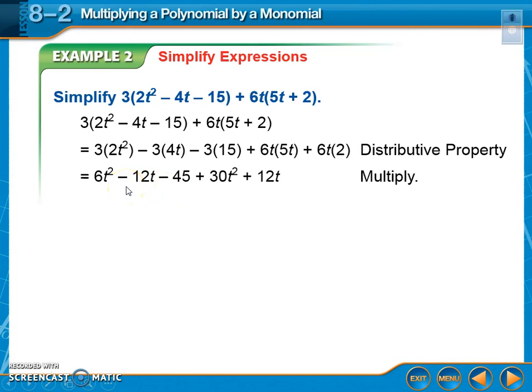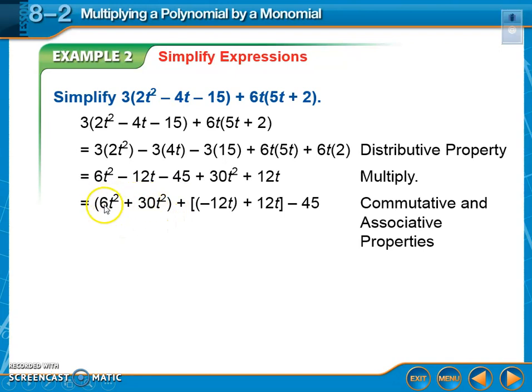What we are looking for now are the same variables, same exponents. So the 6t squared can go with the 30t squared. The negative 12t, and you're like, why is that? It's minus 12t. Or you can just look at it as a negative 12t and a 12t right there, minus 45. So what they did is they grouped everything together, all right, and then simplified.